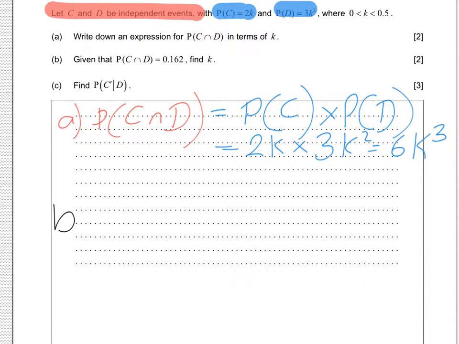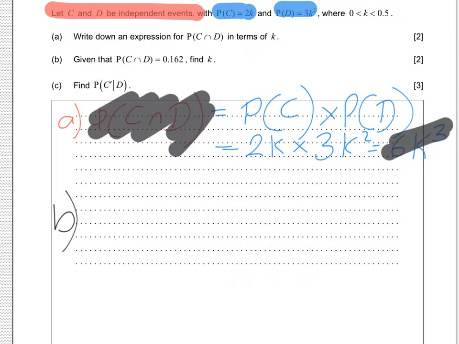Part B is just evaluating the value of k, because now we're told that P(C intersect D), which we just worked out is 6k cubed, has the numerical value of 0.162. So 6k cubed is equal to 0.162.